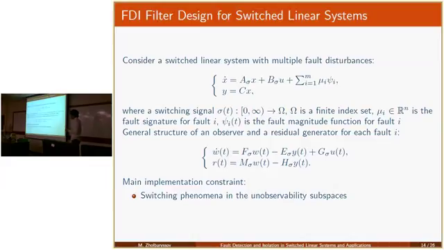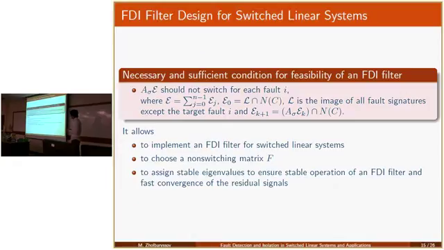And so we need to look at this problem more, and we derived a condition which must be satisfied in order to avoid this switching phenomena and implement our fault detection and isolation filter for switched linear systems. And this necessary condition is not difficult to derive.